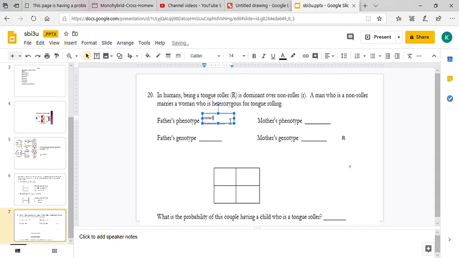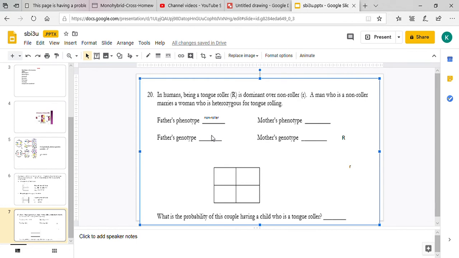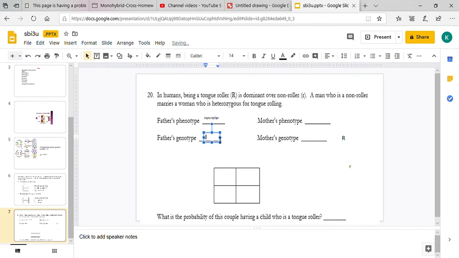Sorry, again, the father is a non-roller. I was reading something else. Alright, the father is a non-roller. And because the father is a non-roller, it means his genotype can only be homozygous recessive. Because if he had a roller gene, he would be able to roll his tongue.